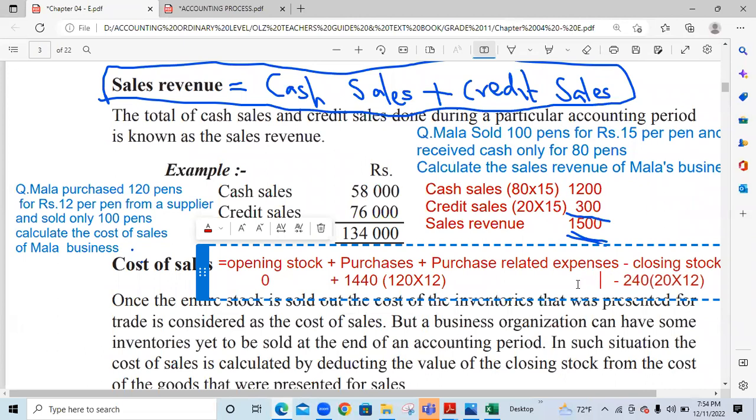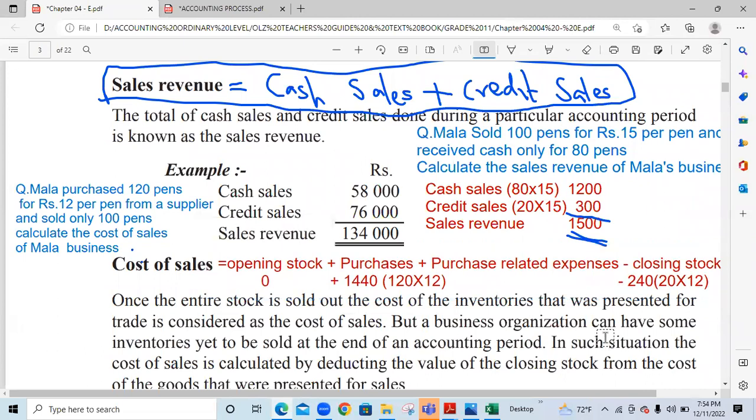So guys, how much is the cost of sales? 1,440 minus 240. Cost of sales is 1,200. So your answer should be 1,200. Yes, I understand you are all asking, Miss, why did you do this difficult way?